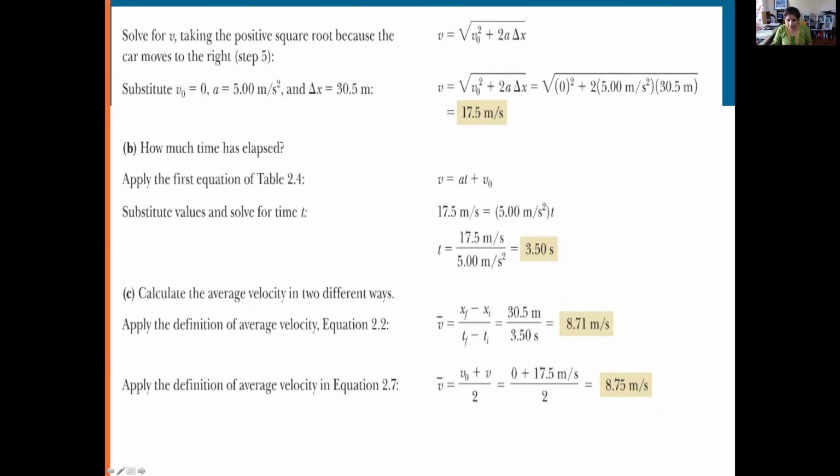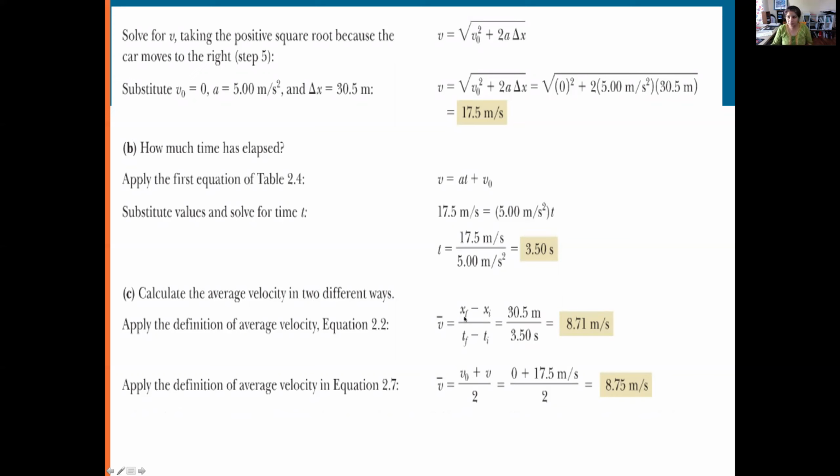We know the initial velocity, we know the final velocity, which are these two numbers. We divide by 2, we're going to get 8.75, and that's in meters per second. So this is the average velocity. Another way of finding velocity, because it asks you for two different ways, we can take the definition of average velocity. So that was displacement with time.